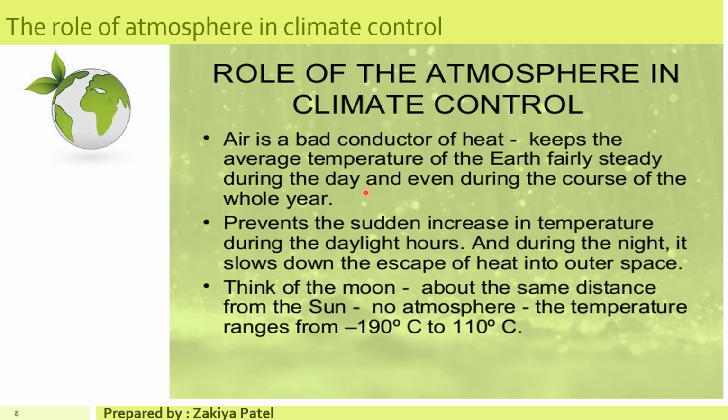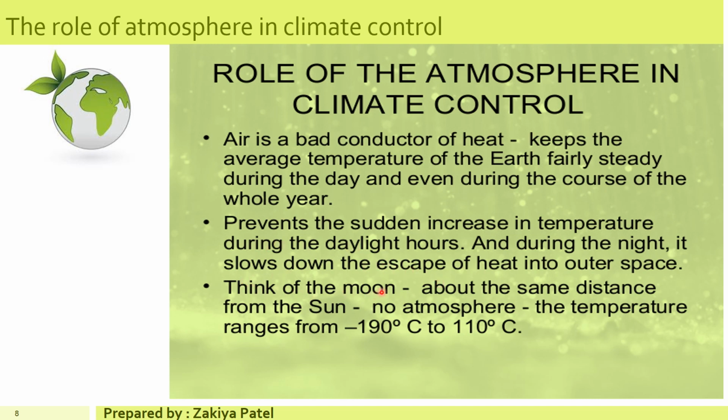No, it is not like that. The atmosphere keeps the average temperature on the earth. It prevents the sudden increase in temperature during the daylight hours and during the night also. It slows down the escape of heat into outer space. Yes, it is a very true thing about the atmosphere.